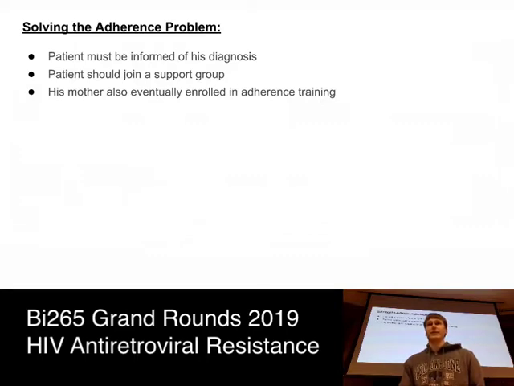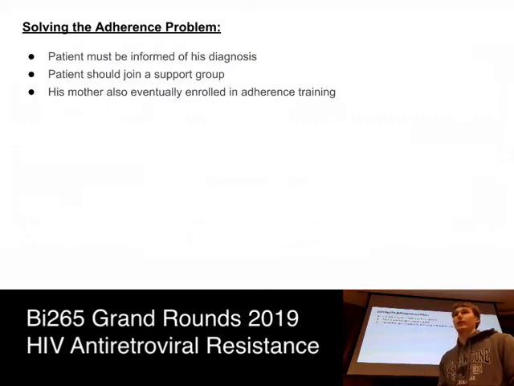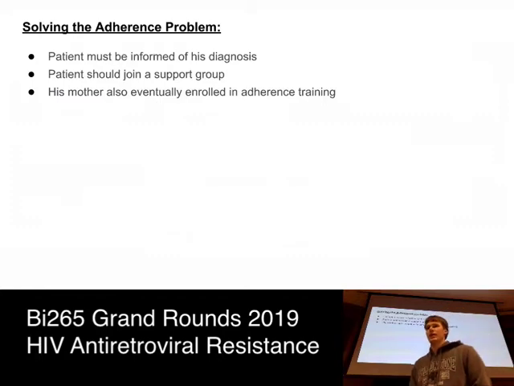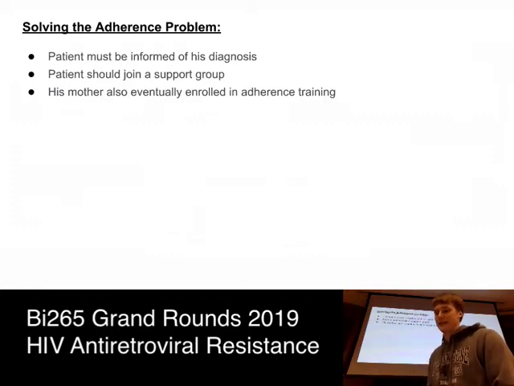It was also recommended by Dr. Myers that the patient join a support group, to learn more about ways to live with this disease from other people that have it. And his mother did also eventually enroll in adherence training, because she is his primary caretaker, to aid in the adherence to his treatment plan.